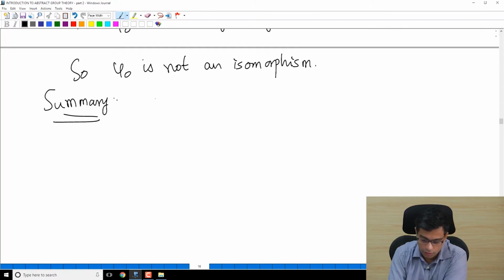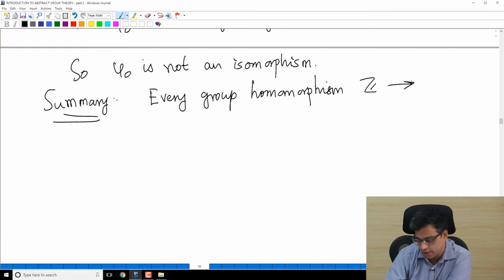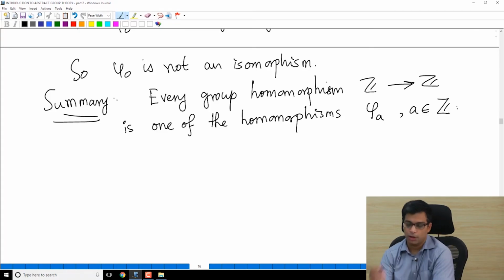Every group homomorphism from Z to Z is one of the phi A. So this is the answer to the original problem.